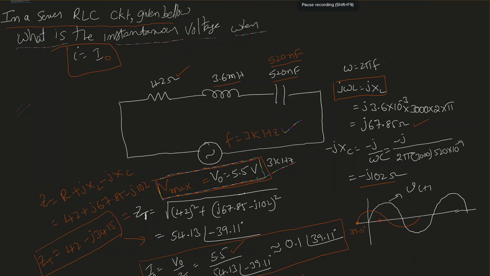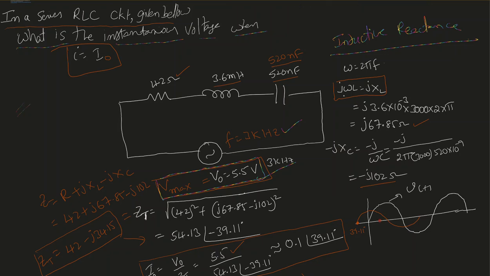Step 1, we always convert the given time domain circuit into the frequency domain. That is nothing but converting inductance into inductive reactance, which is jXL, and capacitance into capacitive reactance.